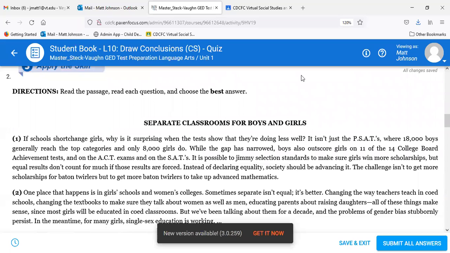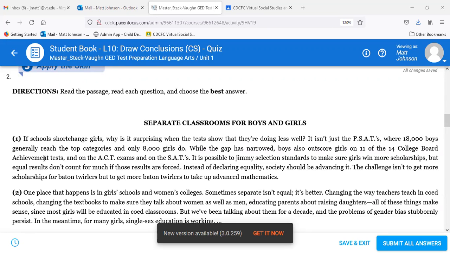All right, and a new passage here. Separate classrooms for boys and girls. So we get a gist of what this passage is going to be about, right? "If schools shortchange girls, why is it surprising when the tests show that they're doing less well? It isn't just the PSATs, where 18,000 boys generally reach the top categories and only 8,000 girls do.